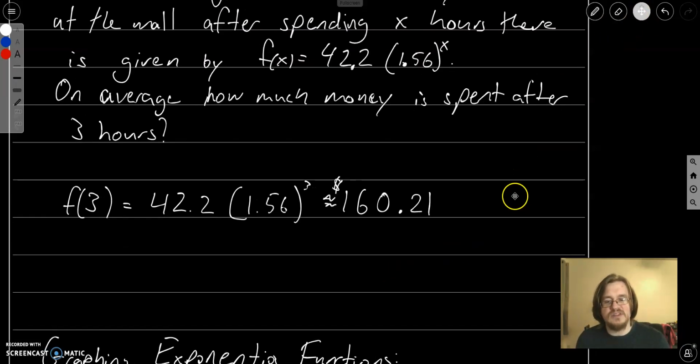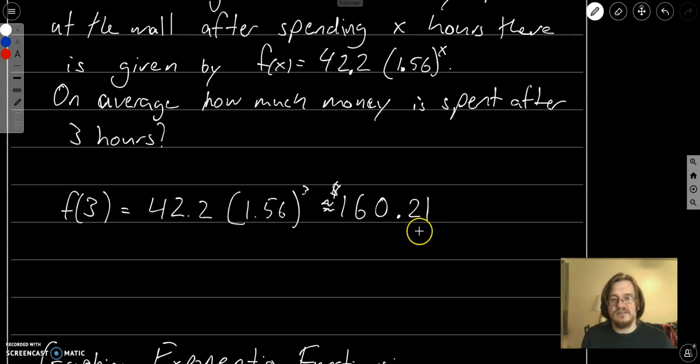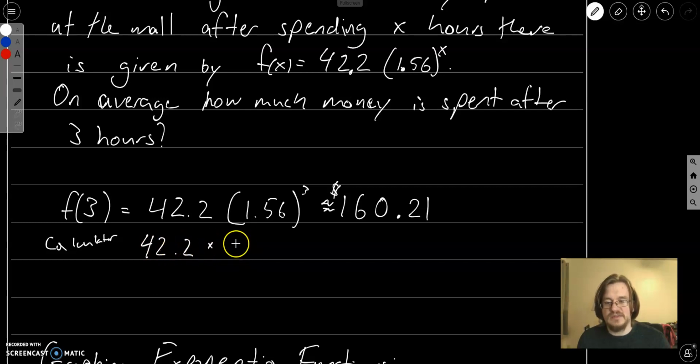When you want to input this into a calculator, there are several ways to do this depending on the calculator. In a calculator, you normally write 42.2 times 1.56, and sometimes there will be a caret button that will look like a little up arrow, and then you'll write 3.